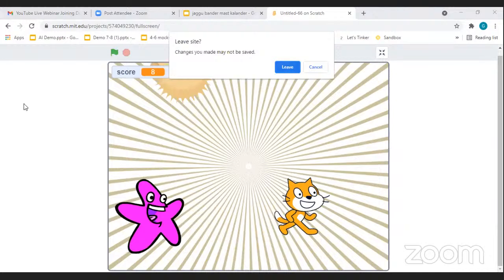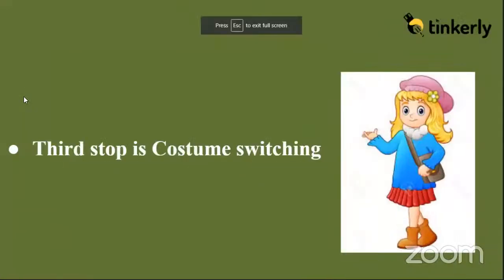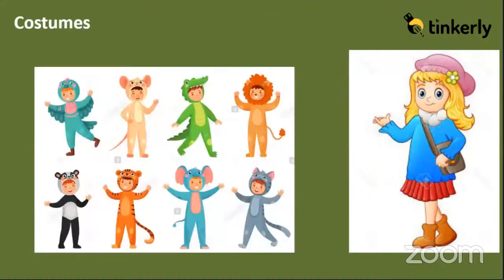Now, third is costume switching. So, third stop is the costume switching. I used to participate in fancy dress competition in my school. I used to wear different costumes every time, like lion, rabbit, rat, etc., as shown in this picture.